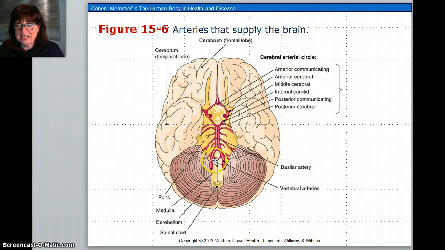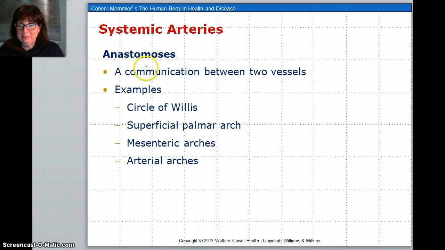And there is this basilar artery, or the artery that comes off, and notice that there is a circle here. So this allows for a process called anastomosis, which means there's more than one way to get blood to the brain. Anastomosis is any communication between two vessels. So this happens in the circle of Willis in the base of the brain.